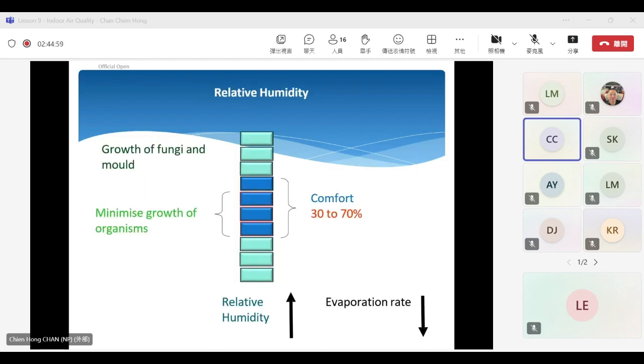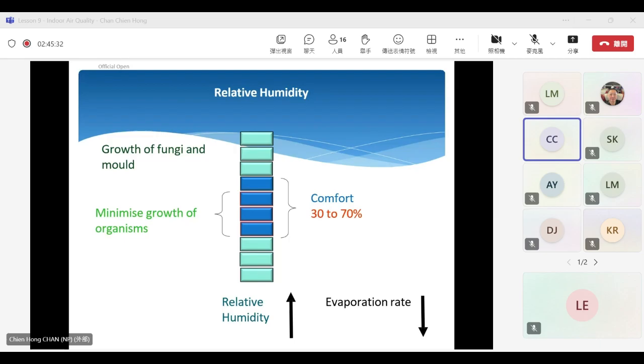For relative humidity, the thermal comfort level is when the relative humidity of the air is between 30 to about 70%. I'm not too sure whether you're familiar with this concept of relative humidity. We make use of percentage to describe the effect of relative humidity from 0% all the way to 100%.